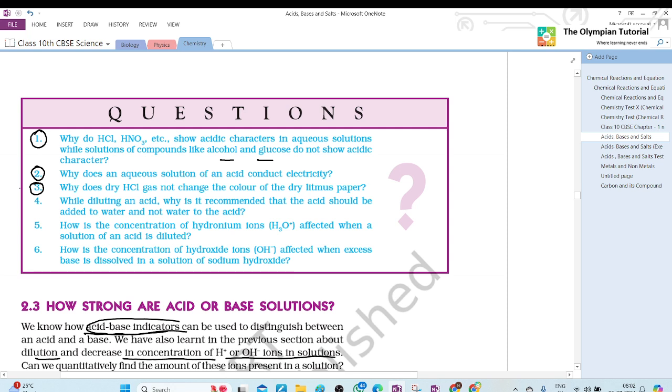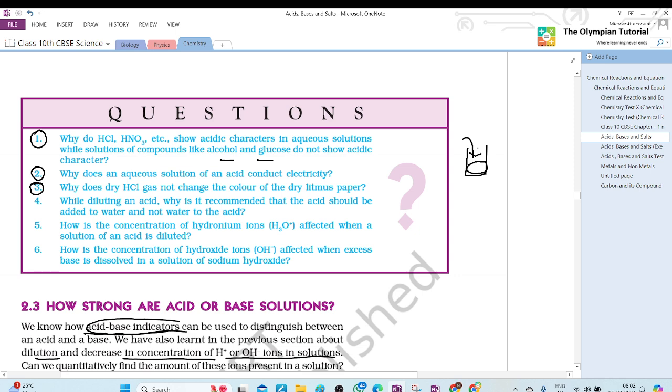While diluting an acid, why is it recommended that the acid should be added to water and not water to the acid? Because dissolving an acid in water is highly exothermic. What will happen? Suppose I take acid here and water will be added.